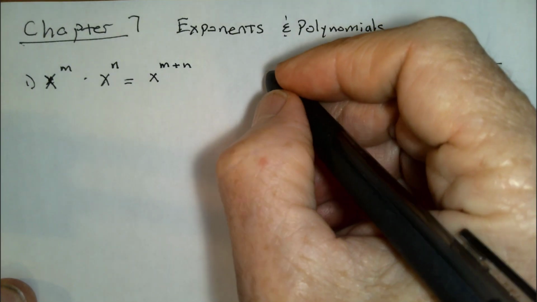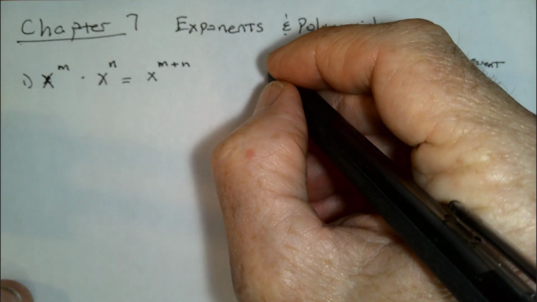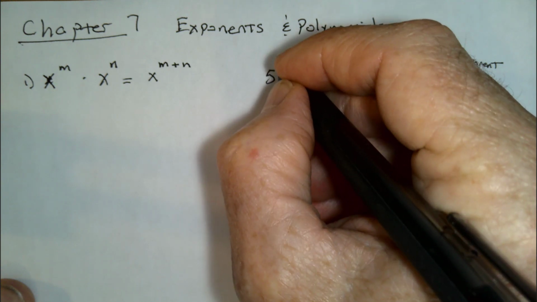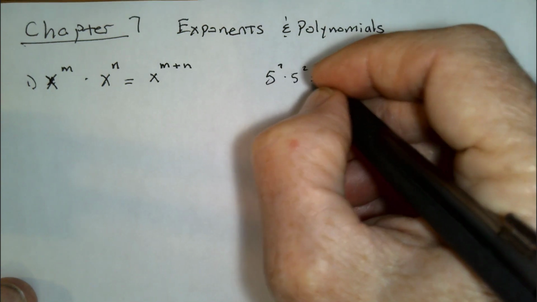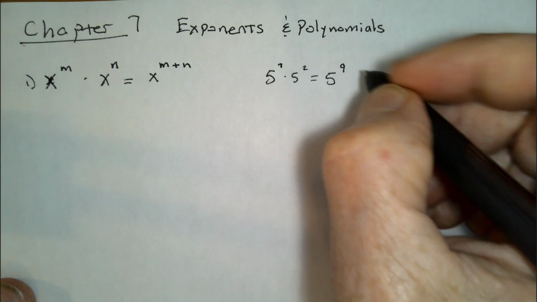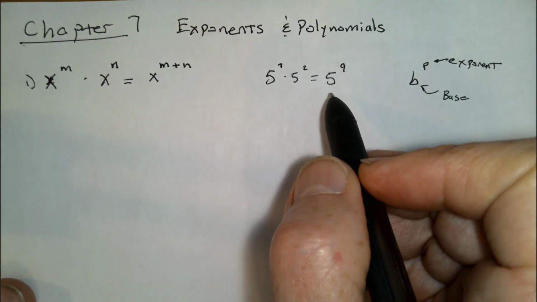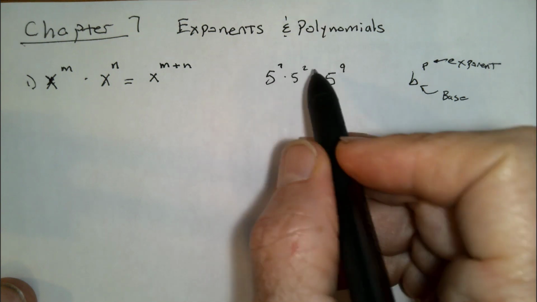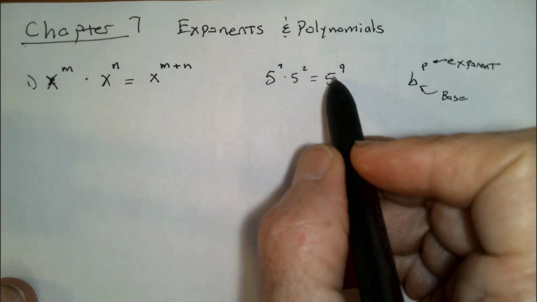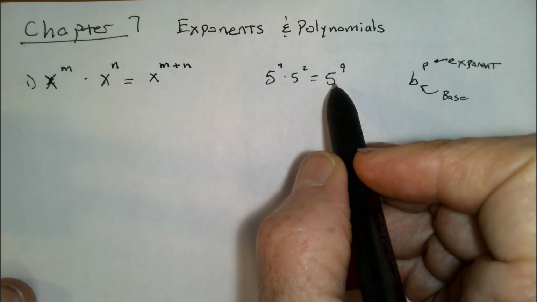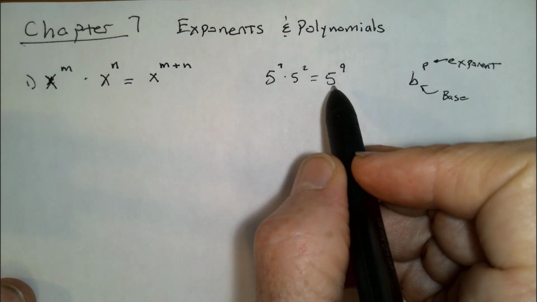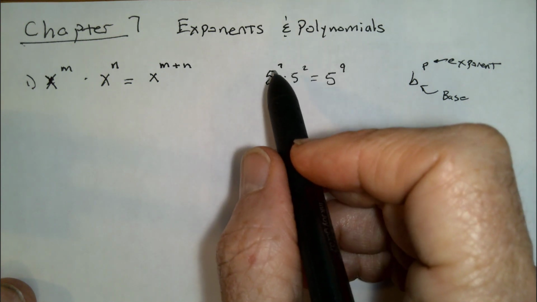It could look like 5 to the 7 times 5 squared, which equals 5 to the 9 power. So we can use this law to simplify the multiplication of all those 5s with 7 plus 2. Notice it doesn't say 25 here, because I'm not doing just 5 times 5 and getting 25. I've got 5 times 5 times 5 times 5 times 5.